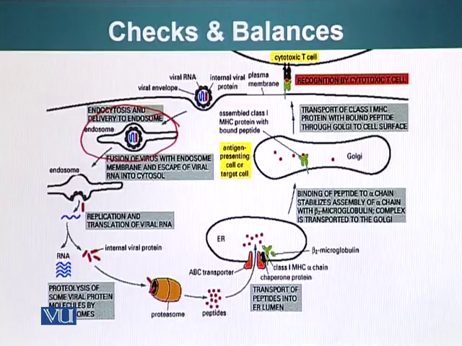So when the virus is released in the cytoplasm, our cellular machinery will make viral proteins, which are shown in red here, and viral RNA will be used to make these proteins. It so happens that even with our normal proteins, about 30% of the proteins are degraded by our cells. This is a normal process. How they are degraded, we talked about some time back also.